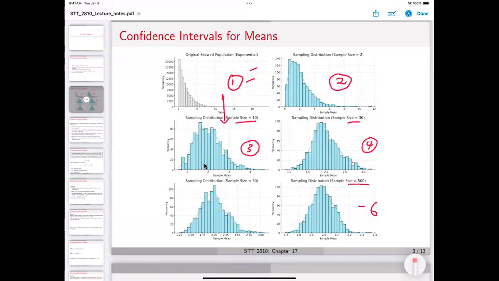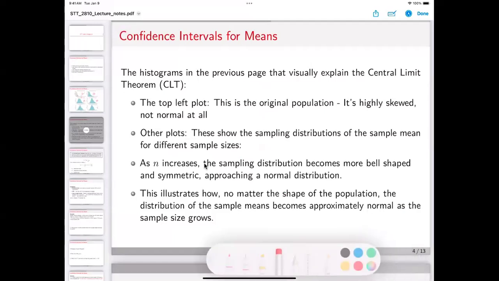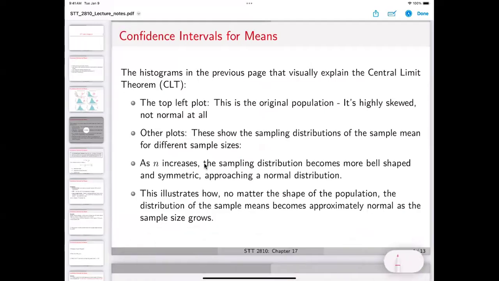All that I said, I decided to write down too, so you can also read this. It's the same thing. No matter the shape of the population, the distribution of the sample means becomes approximately normal as the sample size grows.